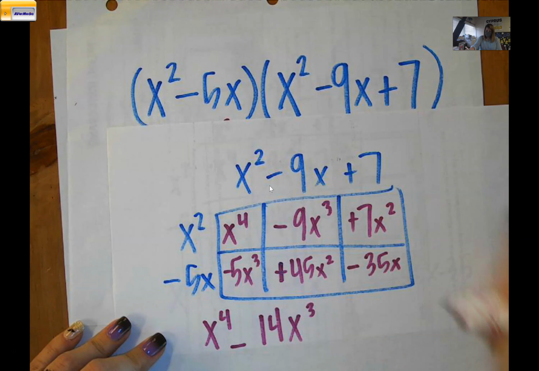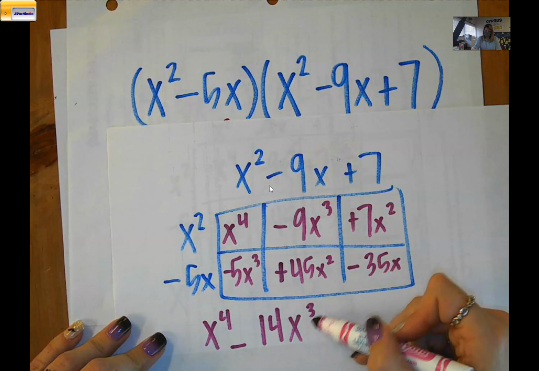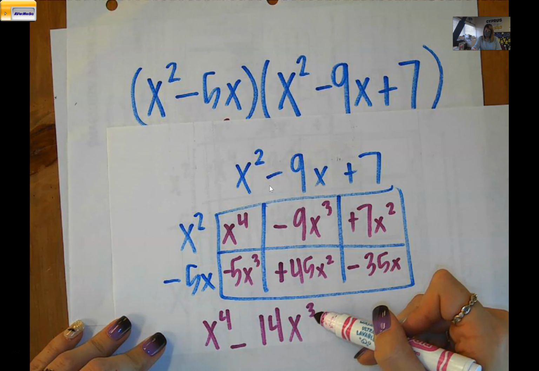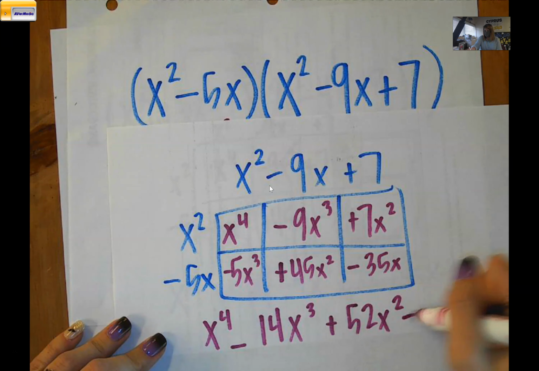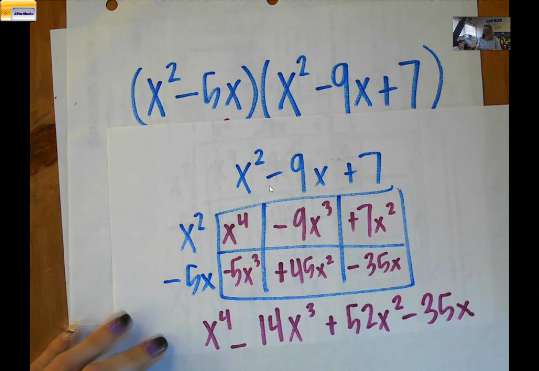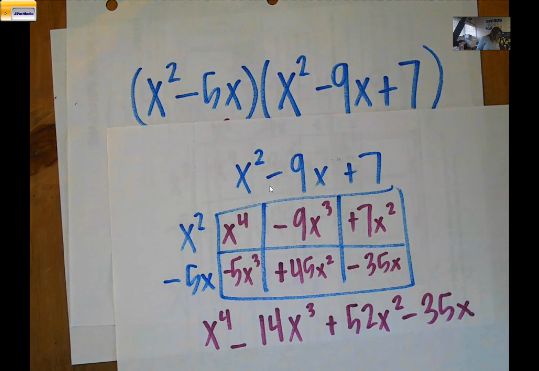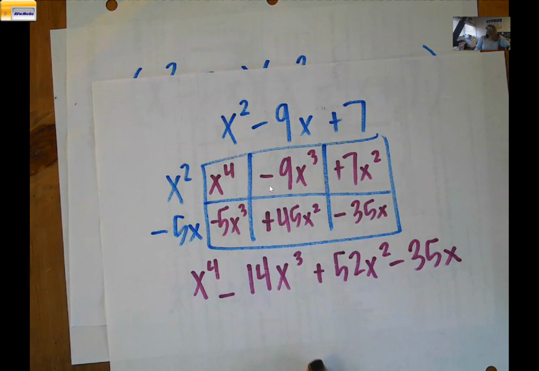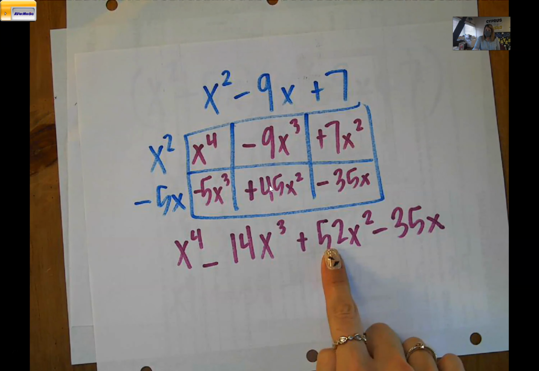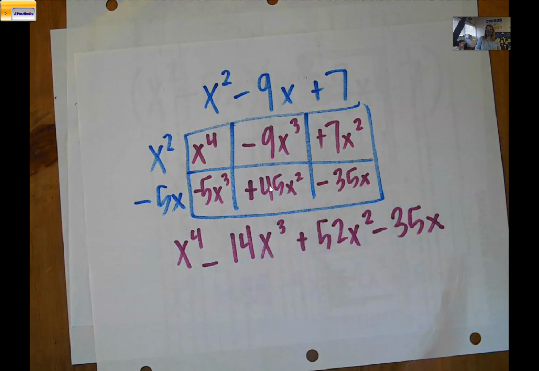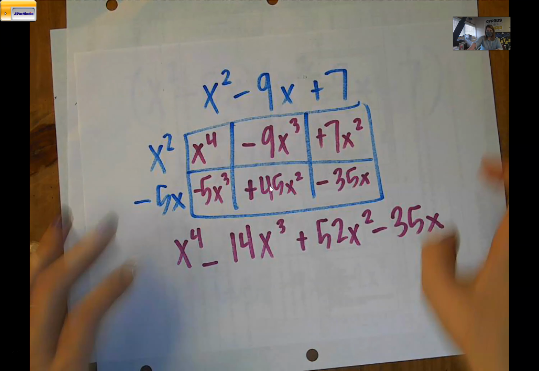Did you guys get a minus 14x cubed there? Yeah. Then positive 52x squared minus 35x. Holy moly. So this is one where you would enter in 1, negative 14, 52, negative 35. Or you would say, I ended up with 4 terms. Because you would have gotten it right. And I definitely would have gotten it wrong.